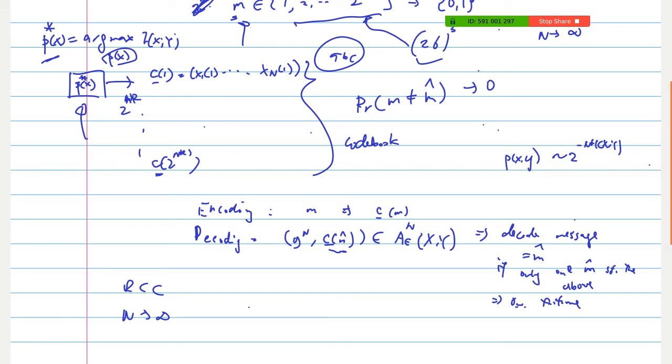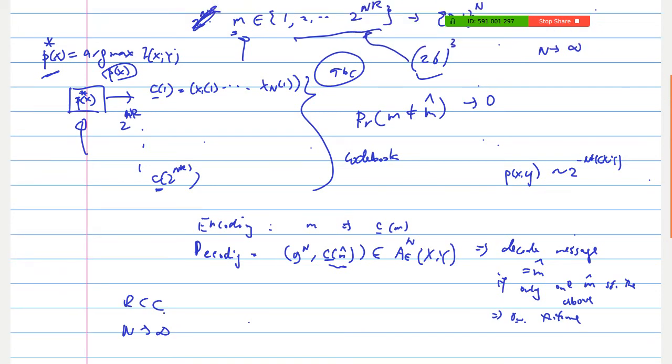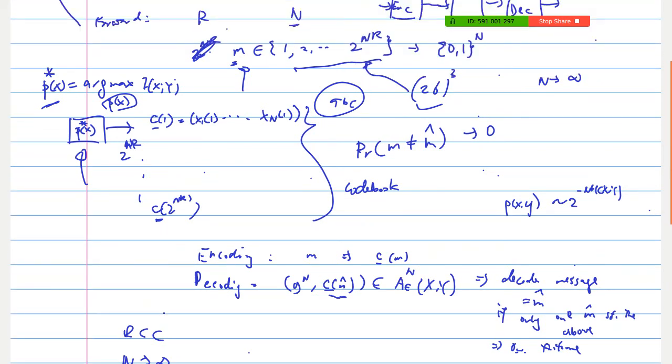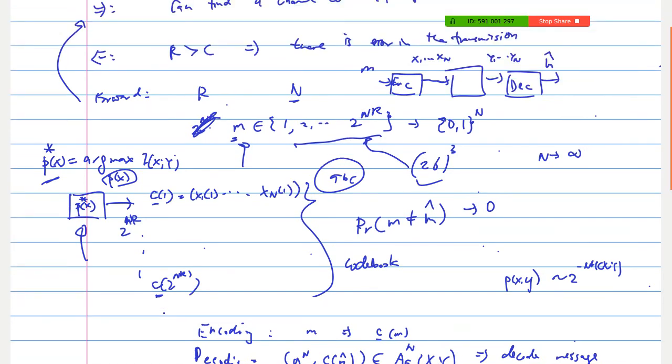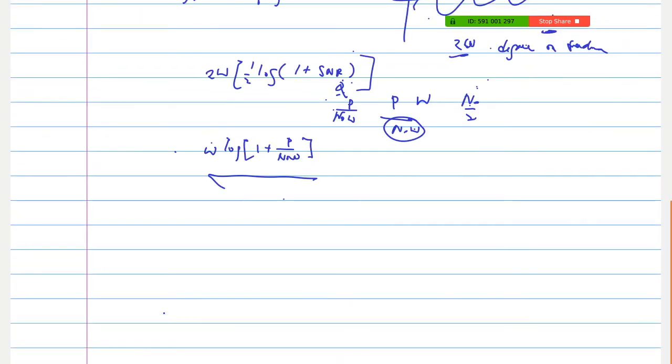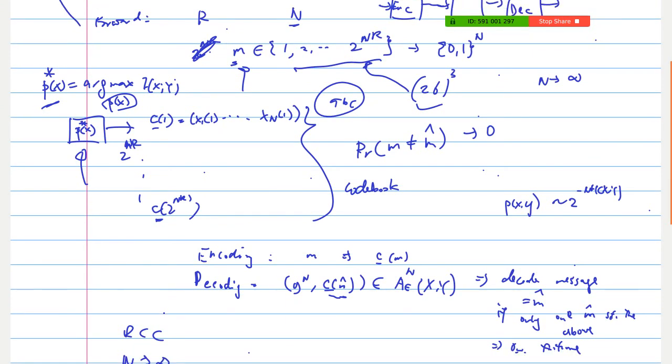So the channel coding here is to improve the correctness of the message we get at the receiver. That's right, you can say so. Because the channel has noise, right?